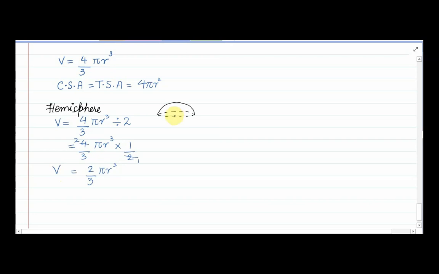And if we talk about the curved surface area, that is the radius. So curved surface area of a sphere is 4 pi r square. For a hemisphere, we know that it is exactly half. That means it is equal to 2 pi r square.